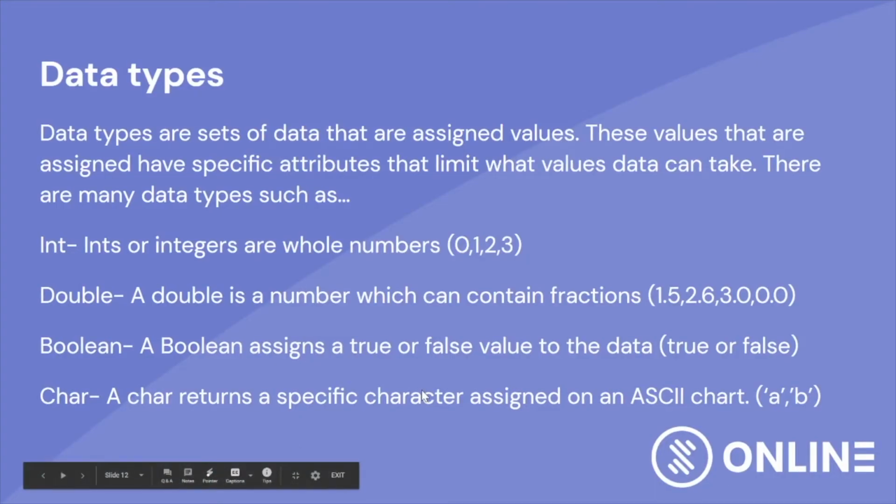Now, all of these data types are what we call primitive data types, meaning they have one specific characteristic to them. An integer is a whole number, a double is a number that can be assigned like a fraction or a decimal. Boolean is true or false, the char is A or B, but we haven't talked about others, and we'll talk about those later.